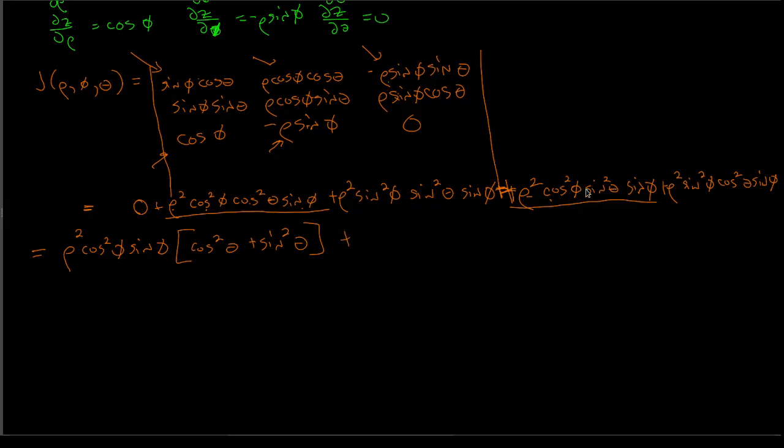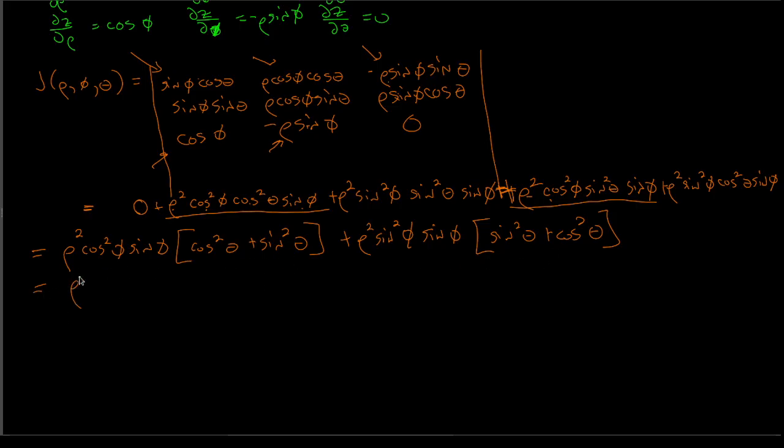Now I want to look at blending these elements here. So I have a rho squared, a sine squared phi, and a sine phi. Then inside I have a sine squared theta and a cosine squared theta. And lo and behold, the Pythagorean theorem says this is 1 and this is 1.